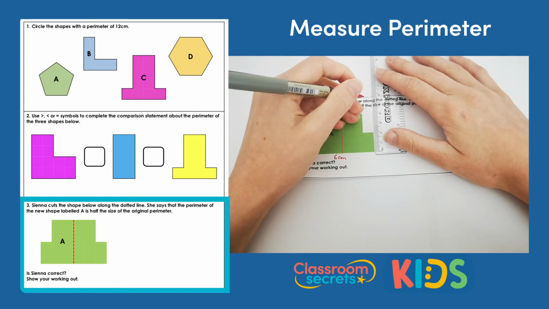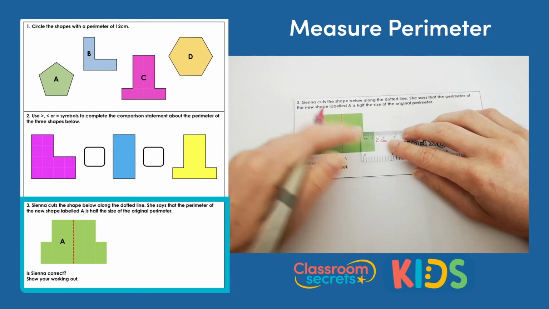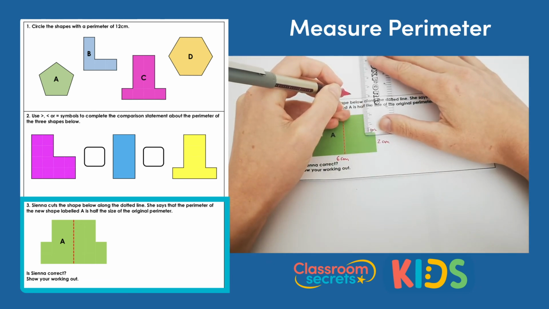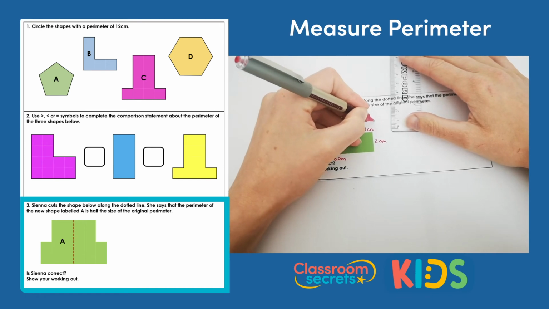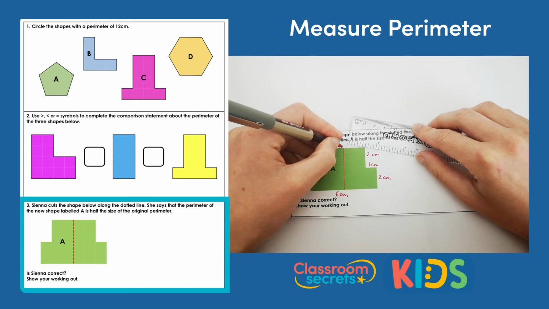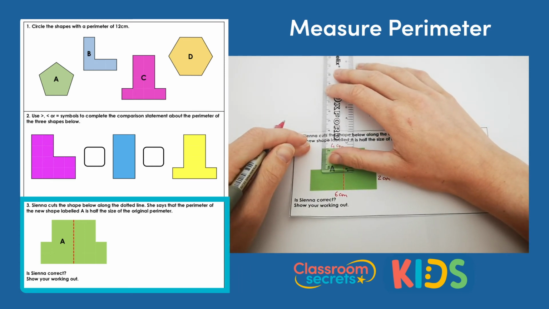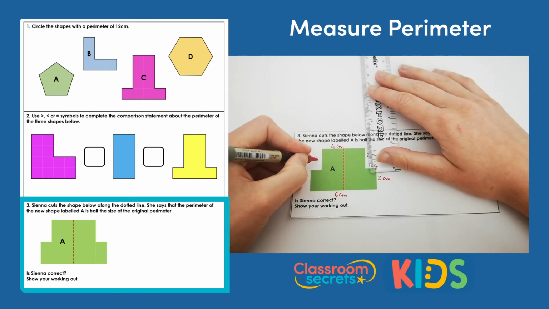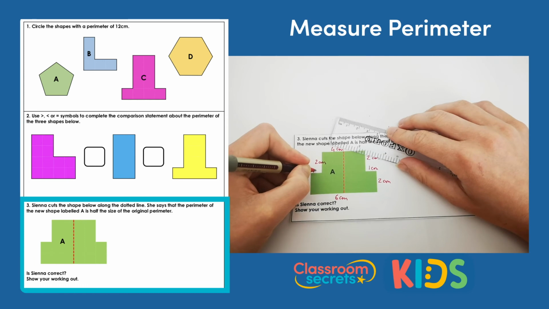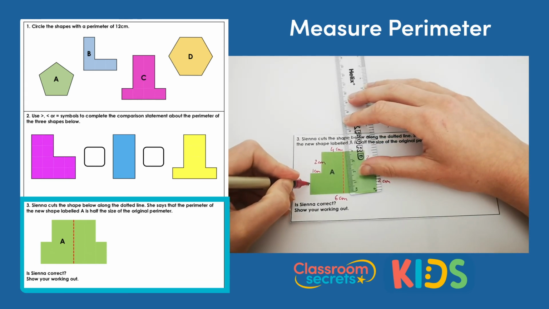We can see that is 2 centimetres, 1 centimetre, 2 centimetres, 4 centimetres, 2 centimetres, 1 centimetre, and finally 2 centimetres.